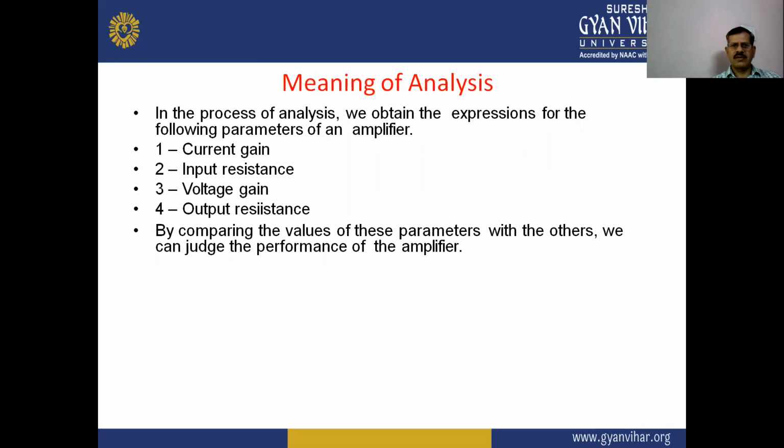In the process of analysis, we obtain the expression for the following parameters of an amplifier. First one is the current gain, second one input impedance, next one voltage gain, and fourth one is output resistance. So these are some parameters of an amplifier. By comparing the values of these parameters with others, we can judge the performance of the amplifier.